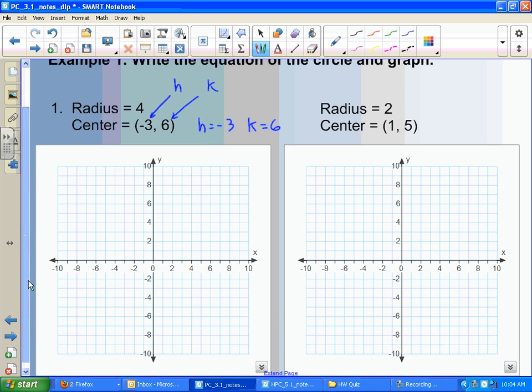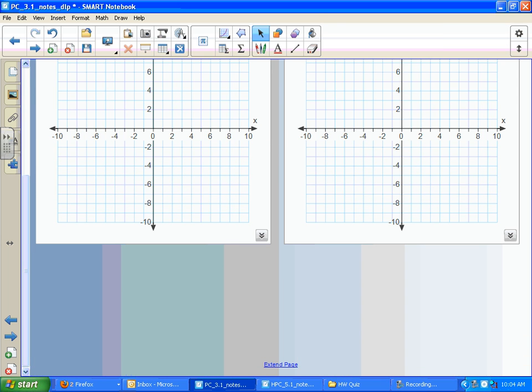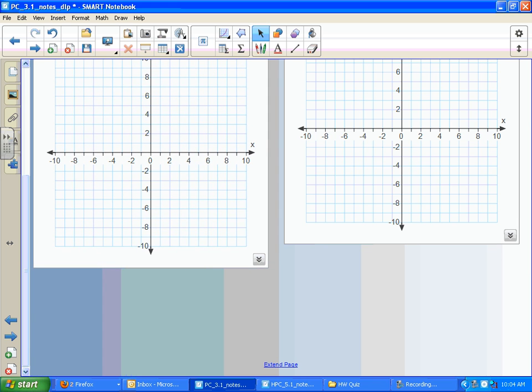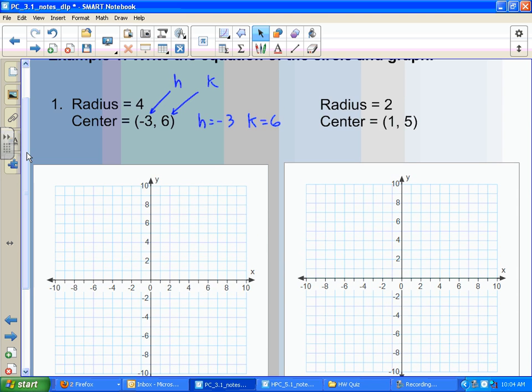That means we're able to write this equation. We need to move these down. We start out with the generic one, X minus H squared plus Y minus K squared equals R squared.